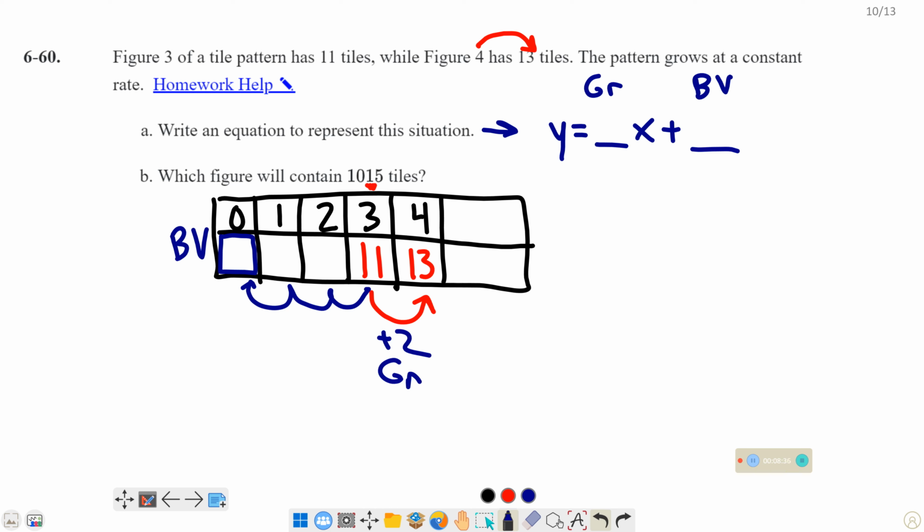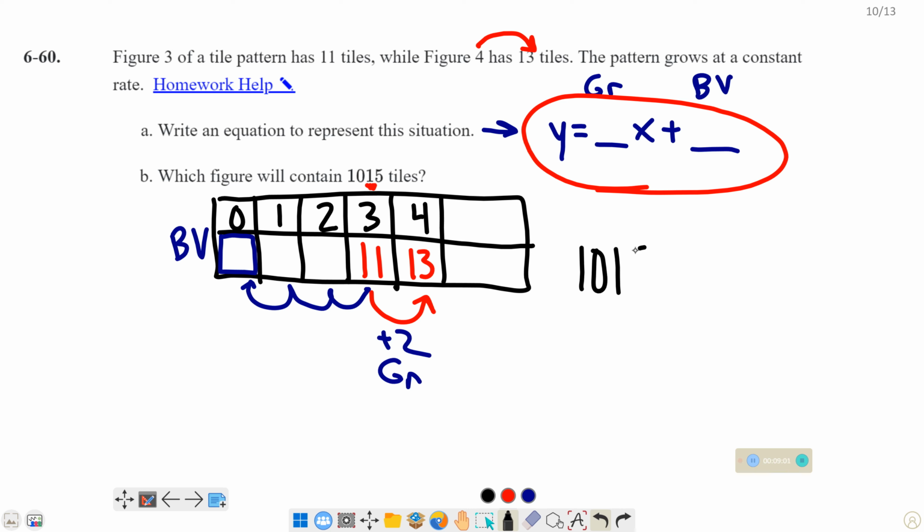Problem letter B. Which figure will contain 1,015 tiles? So what we are going to do is take your rule and rewrite it, so instead of the Y, you start with 1,015 tiles.